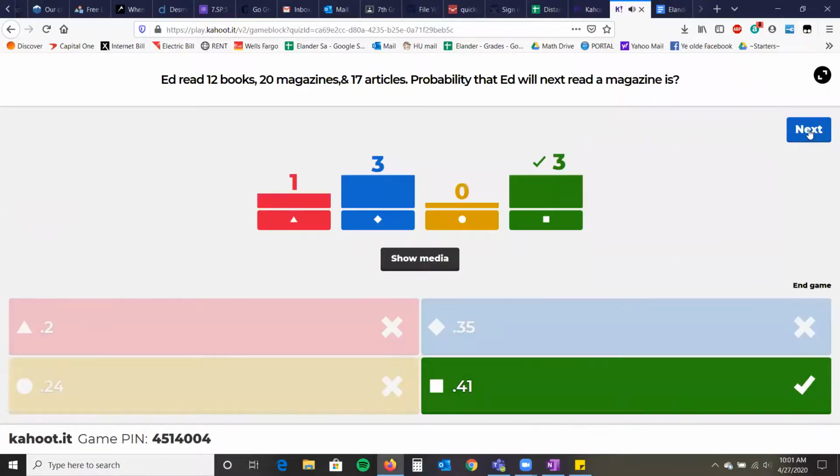Okay, all right. So you saw there should be about a 41% chance, based on the experimental probability, right? Based on what he's read so far.